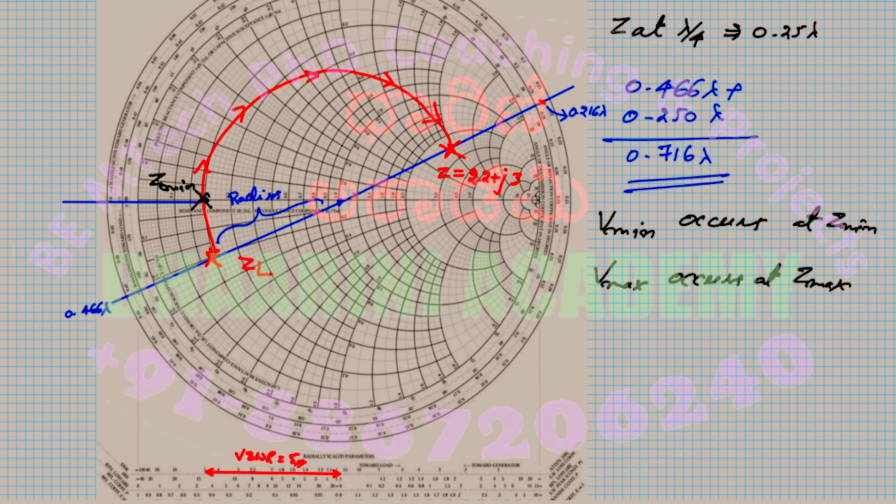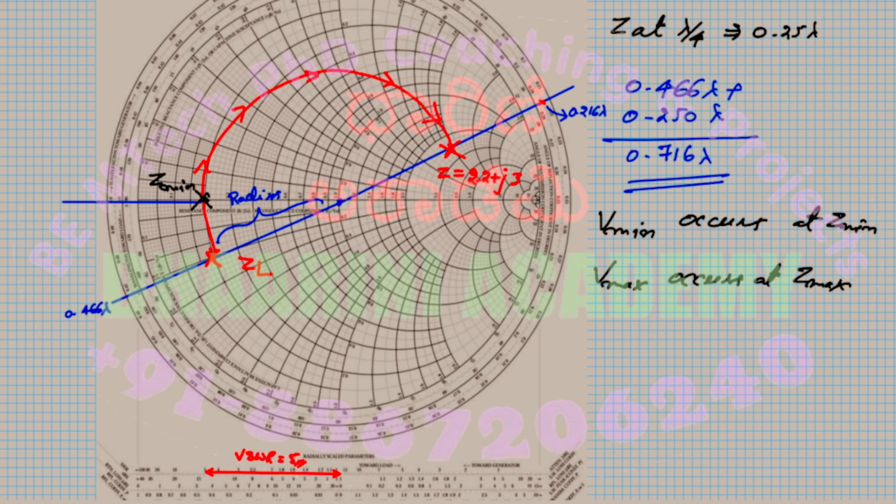So the question, if you read, is where the first V min occurs. If I measure, see, 0.466 to 0.5. That's the point.